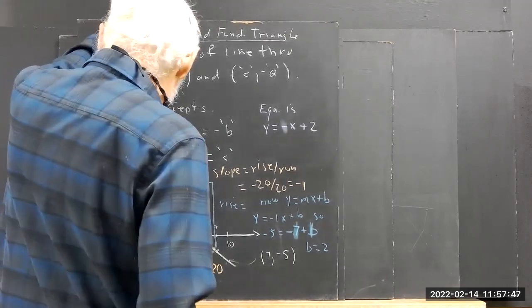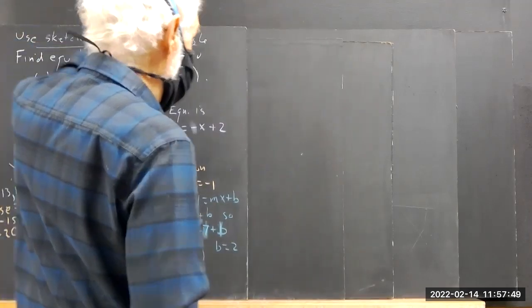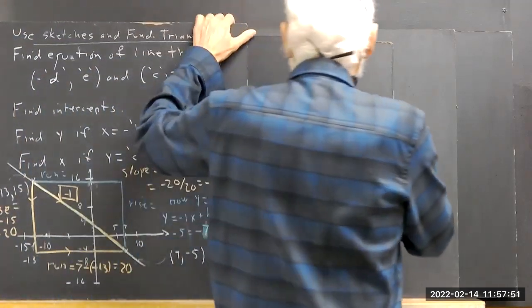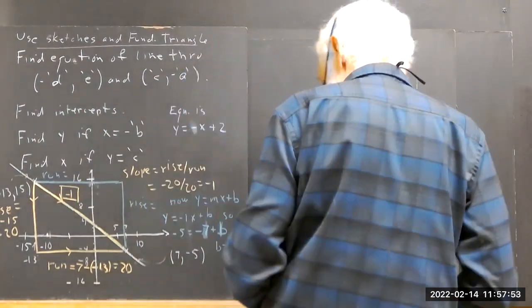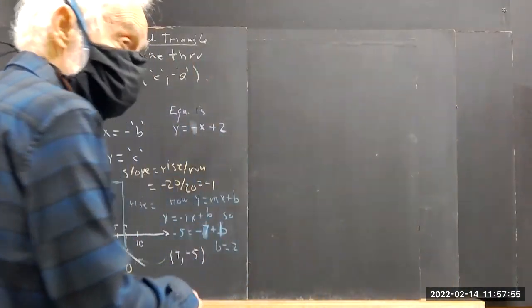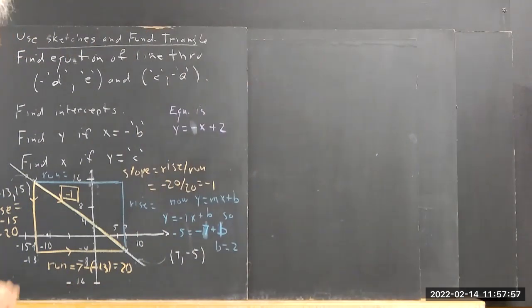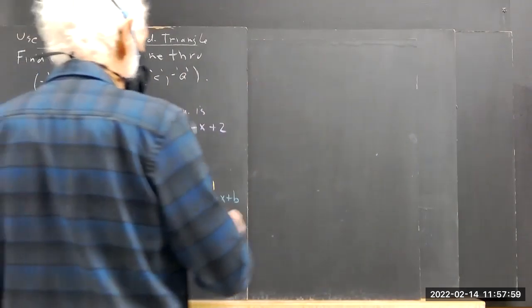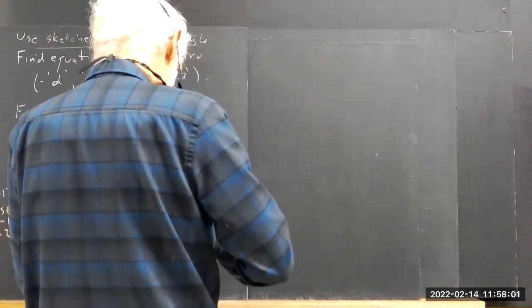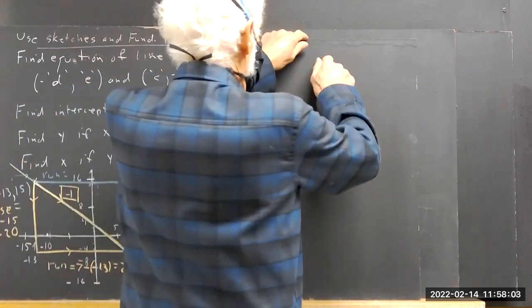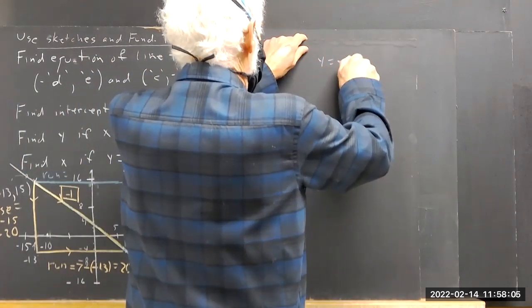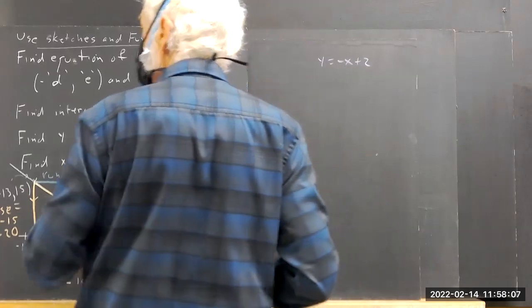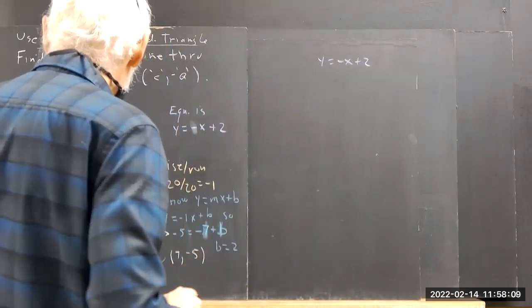Okay. And again, you have a much better basis for understanding graphs and functions. And so now we have y equals negative x plus 2.